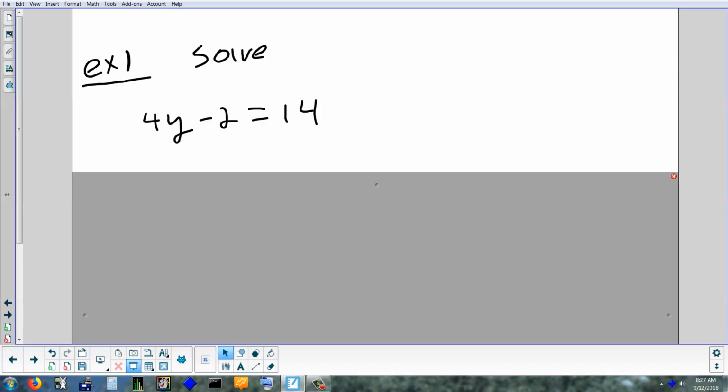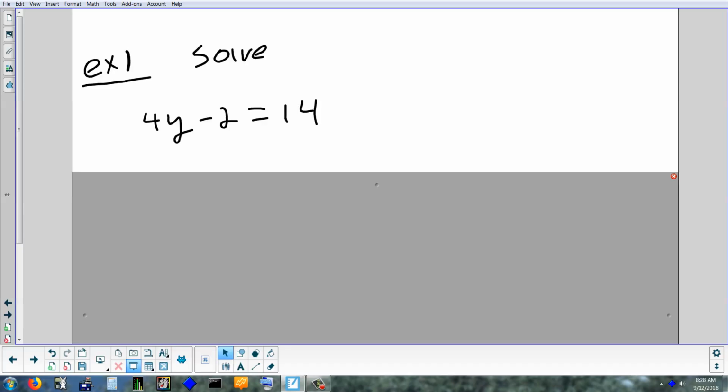Distribute, yes. Do I have any distributive property there? Tell me why not. No parentheses. No parentheses with a number on the outside, no distributive property.